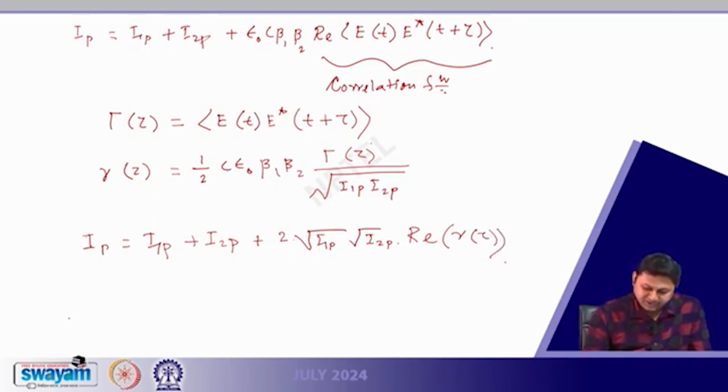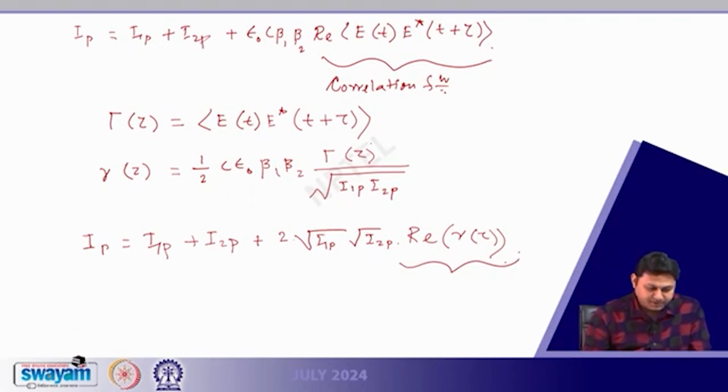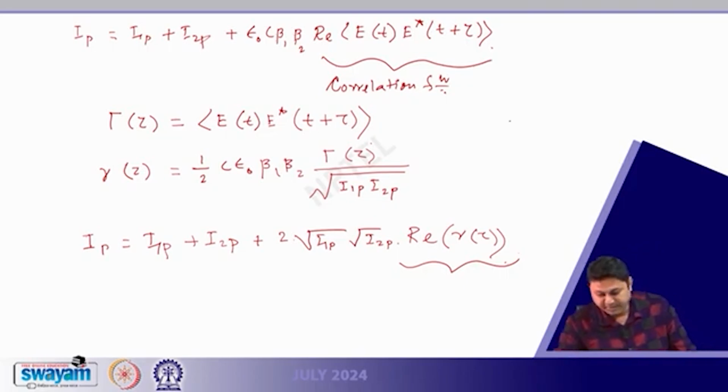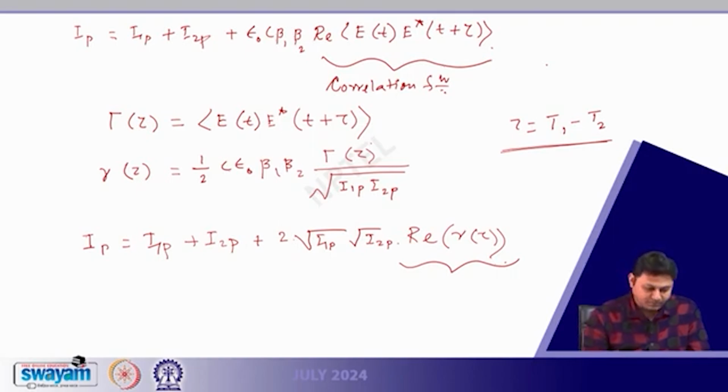Okay, so essentially this is the term that is the heart of the interference. It is a function of tau, therefore it is a function of the location of P as well, because tau is t1 minus t2, the time difference between the time of flight of two waves reaching point P. So gamma is a function of tau, and it depends on the location of P as well.